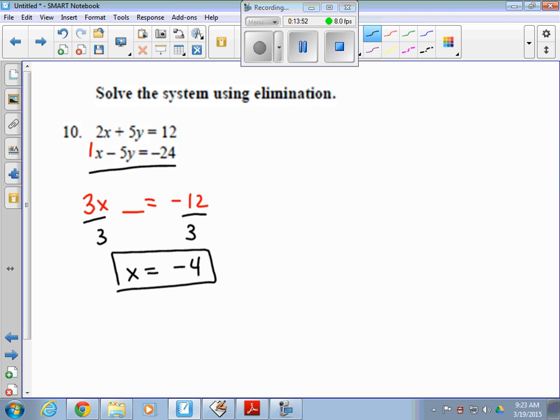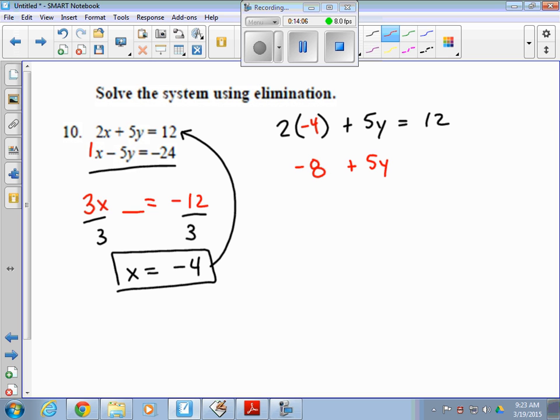Substitute that back into one of the other equations. 2 times x plus 5 times y equals 12. x is now negative 4. 2 times negative 4 is negative 8. Plus 5y equals 12. Undo minus 8 by adding it to both sides. Because remember, you undo addition and subtraction.